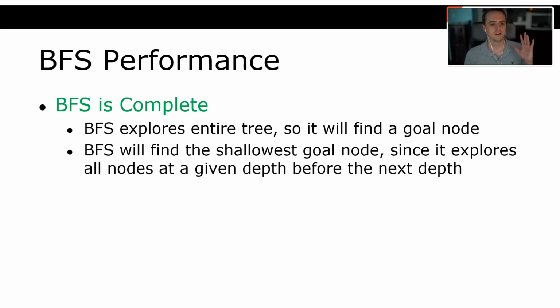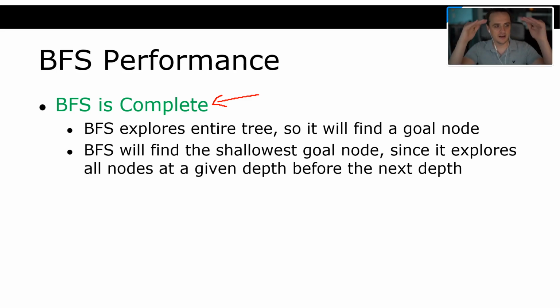So, optimality. BFS is complete. So in terms of completeness, BFS is good. Here, if I've written something in green, it means it's good. If I've written something in red, it doesn't mean it's bad, it means we can do better. BFS explores the entire tree.